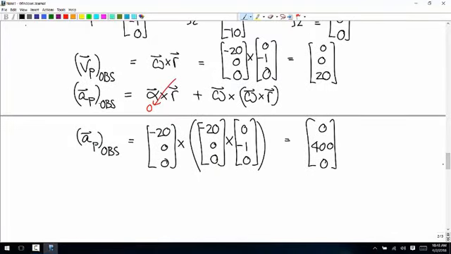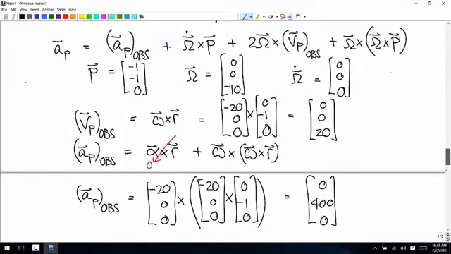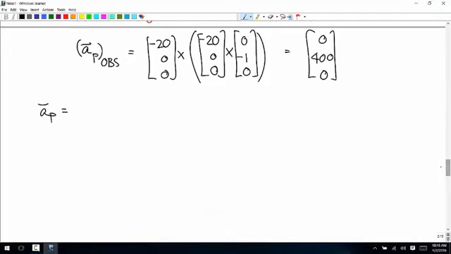And now we can put this all together. So the total acceleration of p is 0, 400, 0, plus omega dot cross p.